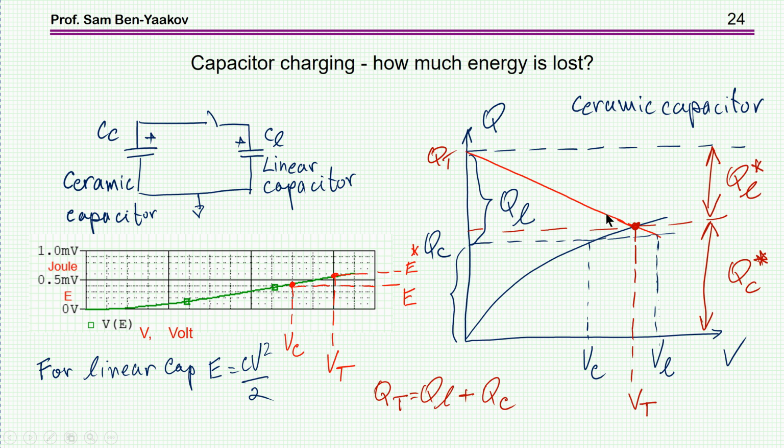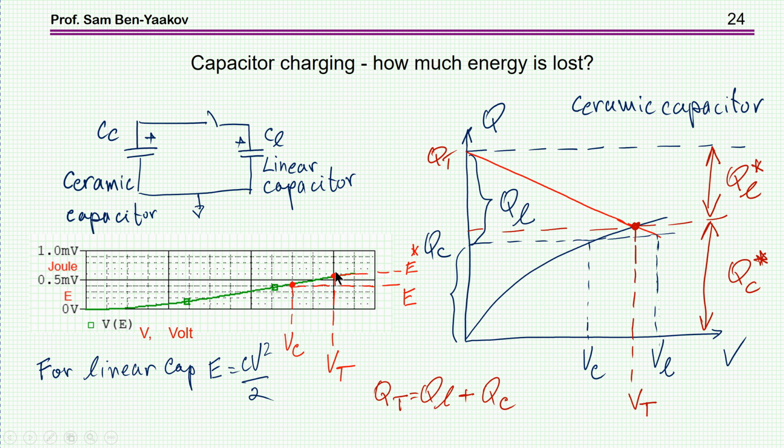Now, after the connection has been made, after the switch is turned on, we get different charges, different voltage. We can now calculate again for the linear capacitor in a very simple way what is the energy, and then looking back to this curve, we can find what is now the energy of the nonlinear capacitor when it is now at a voltage Vt after the connection.